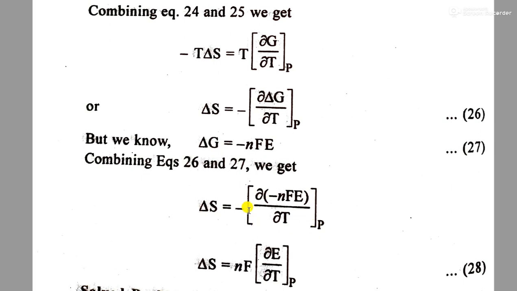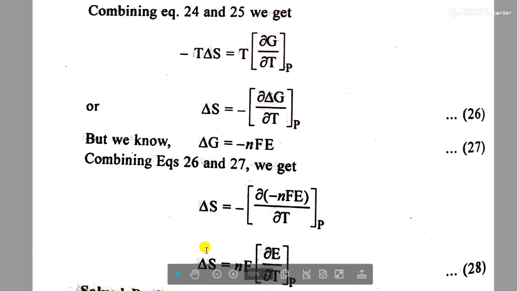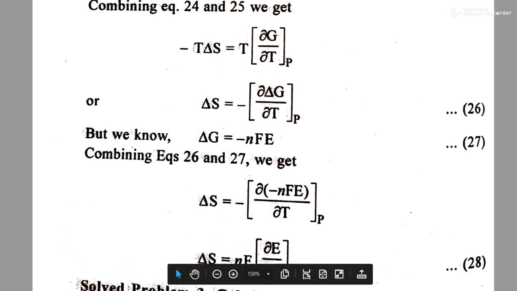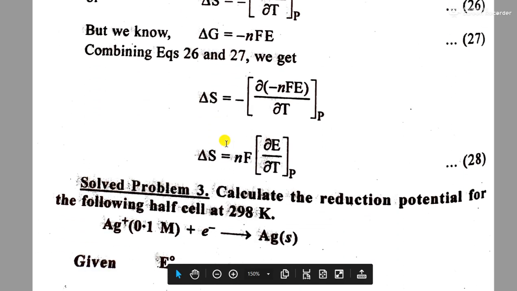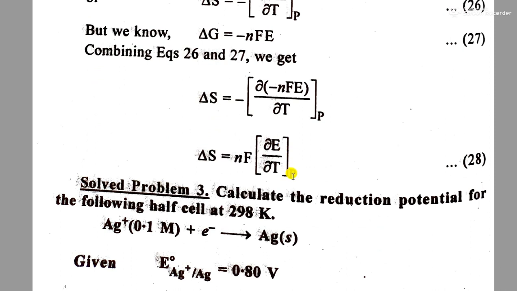Here these two minus signs get cancelled, it becomes positive. So delta S is equal to NF dou by dou T of E at constant pressure. N and F are constants, so we are taking them outside of the derivative term, and this is the resulting expression connecting delta S and E.